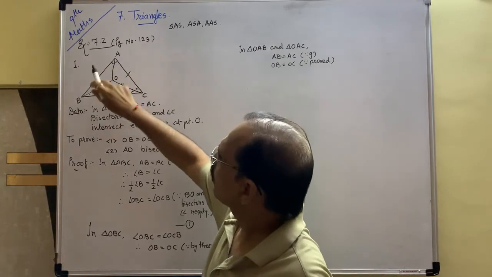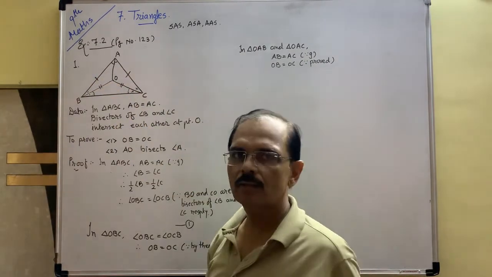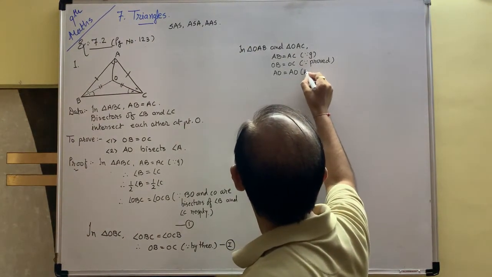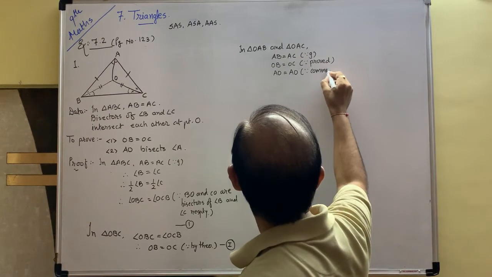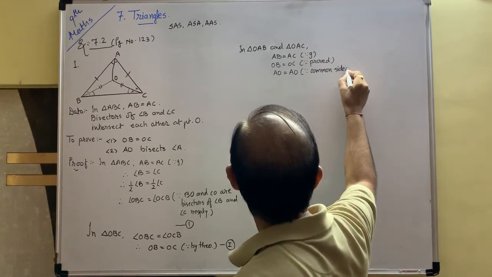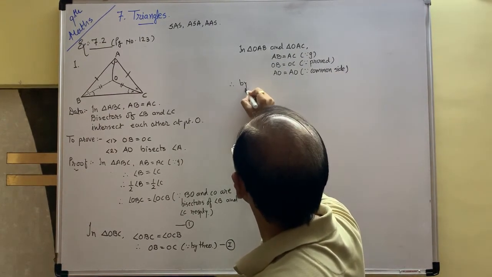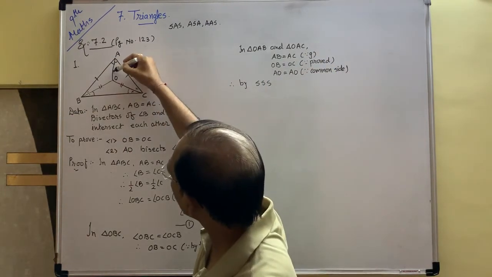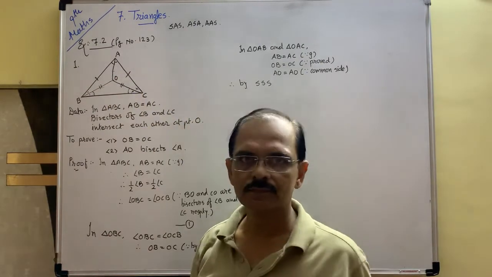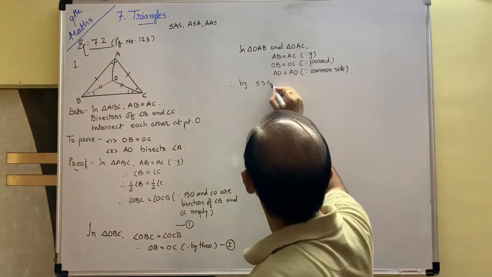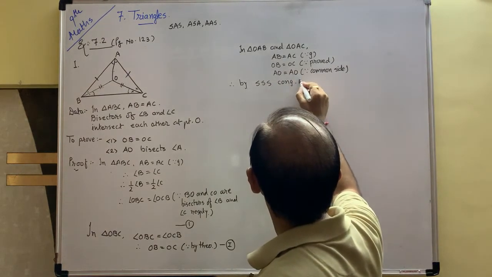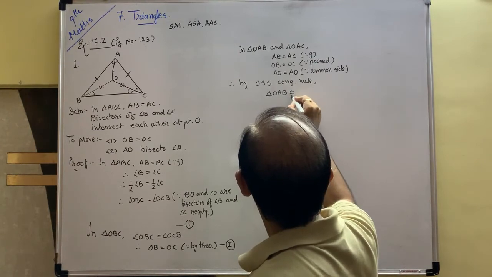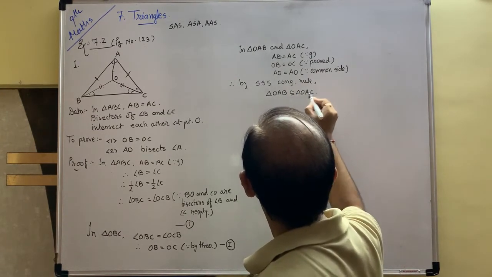And AO is the common side for both triangles, so AO equals AO. Therefore, side, side, side, by SSS congruency rule, triangle OAB is congruent to triangle OAC.